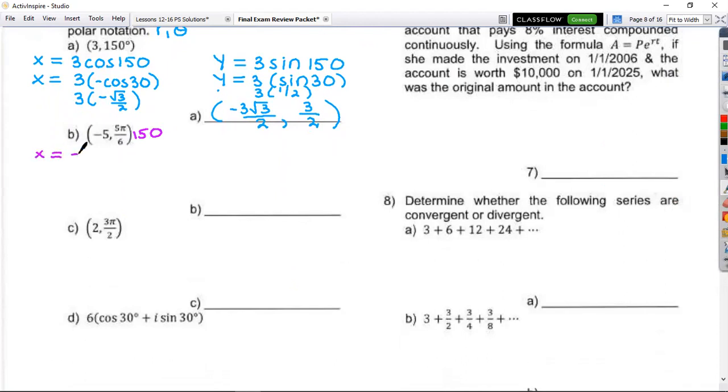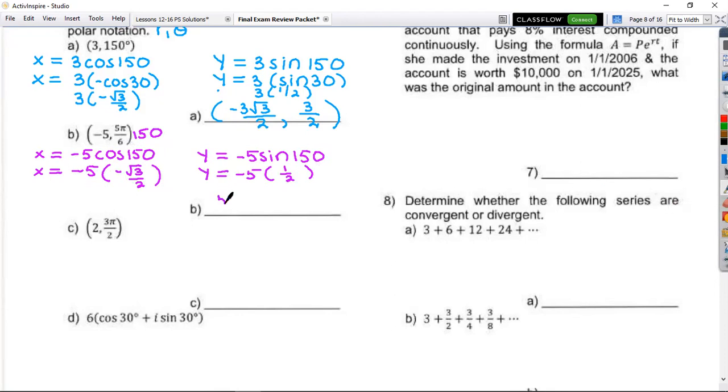So x equals negative 5 cos 150, and then y is equal to negative 5 sine 150. Plug them in. I'm not even going to draw a triangle because you already have it above. So negative 5, and then negative cos of 30 was negative radical 3 over 2, and y is negative 5 times 1/2.